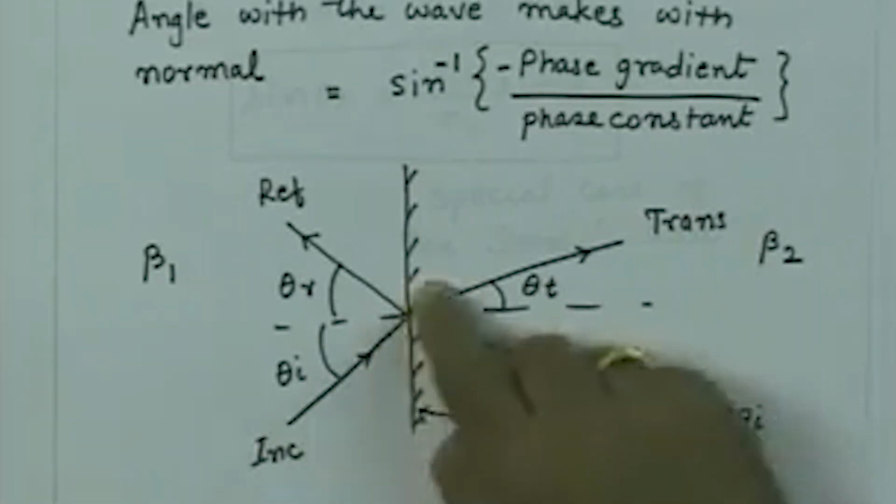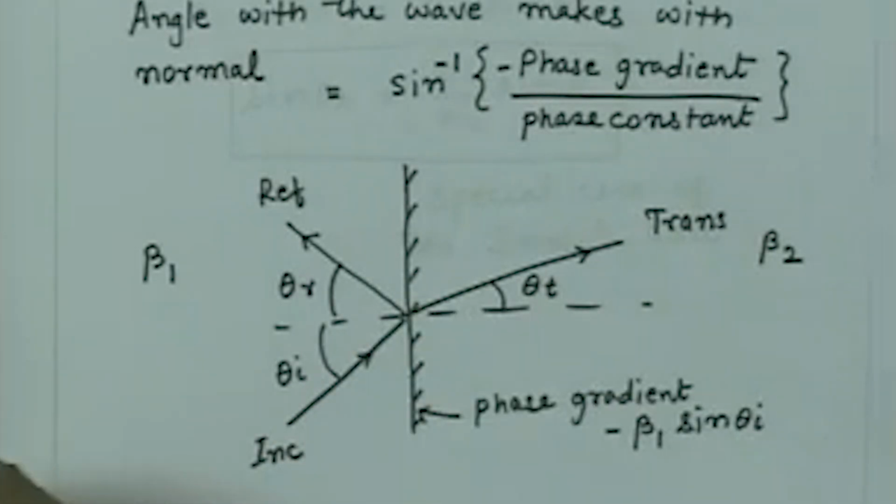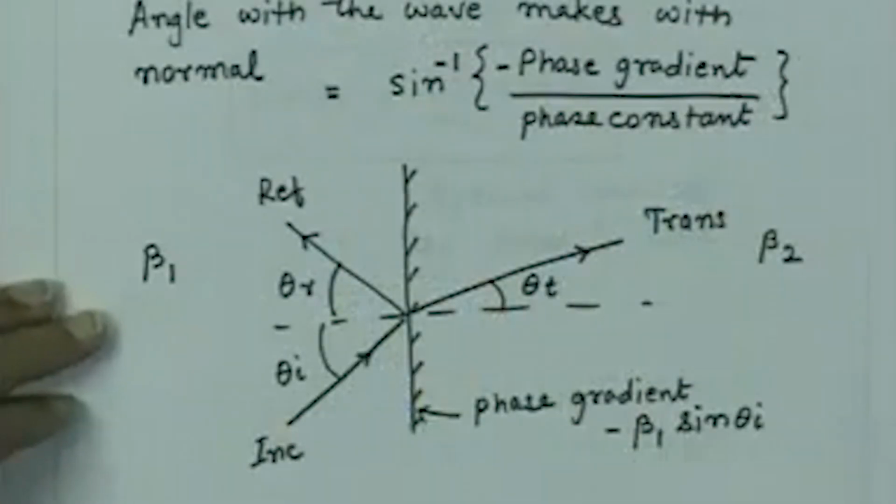So, let us say I have an incident wave with amplitude Fi, or for the electric field Ei, or magnetic field Hi. We want to find the relative amplitudes of the electric and magnetic fields for the reflected wave and for the transmitted wave.